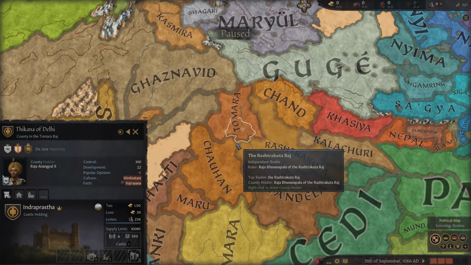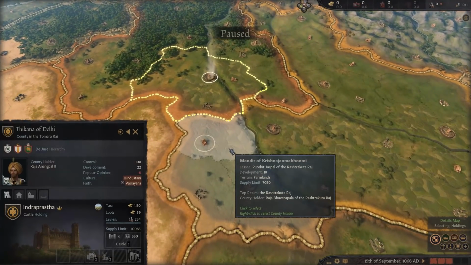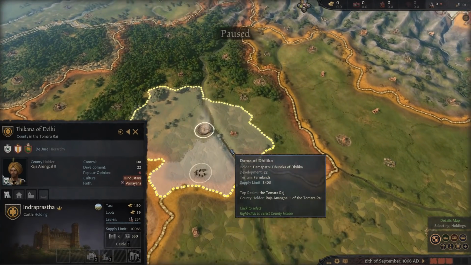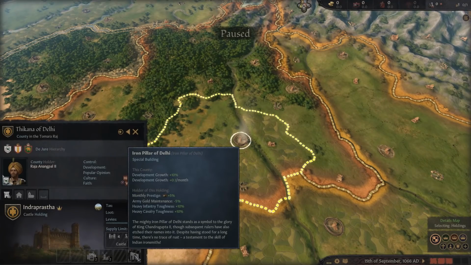And now we are back in India, in Delhi, to a site that is always constructed and has nothing required to enable it. Those are the Iron Pillar of Delhi. The mighty Iron Pillar of Delhi stands as a symbol to the glory of King Chandragupta II, though subsequent rulers have also etched their names into it.